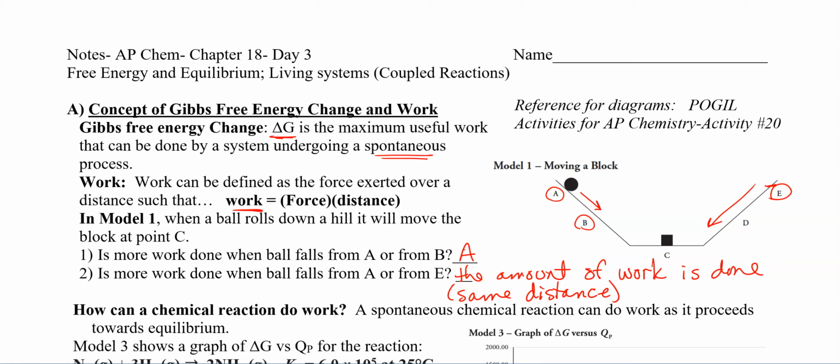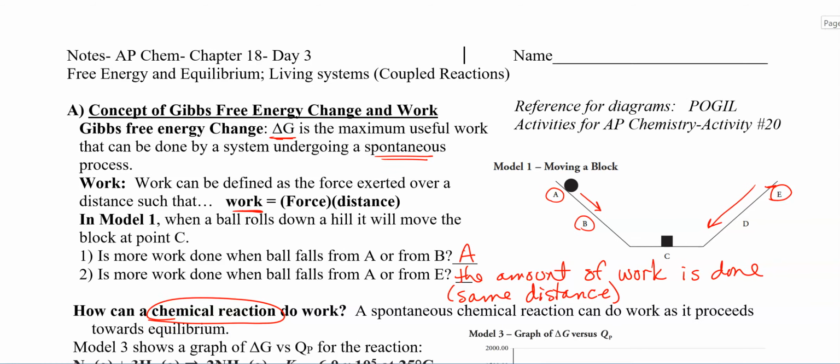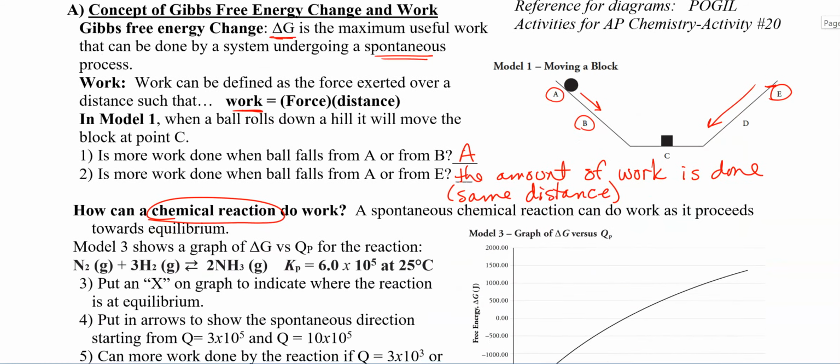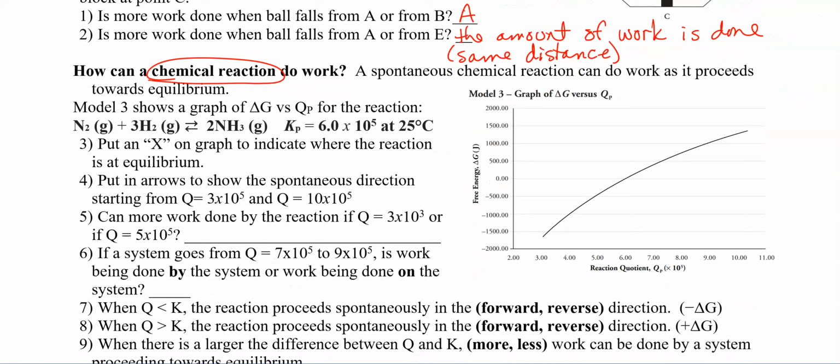So that's our concept. Now we want to make the analogy with a real chemical reaction and how you can get work done by a chemical reaction. Here we have another model. Model 3 is this graph of delta G versus Q_P in this case.